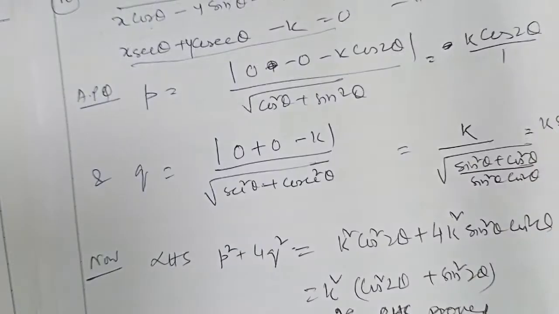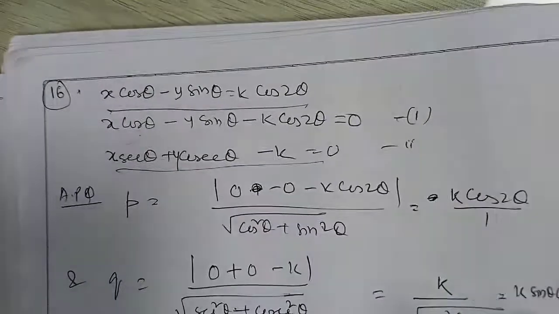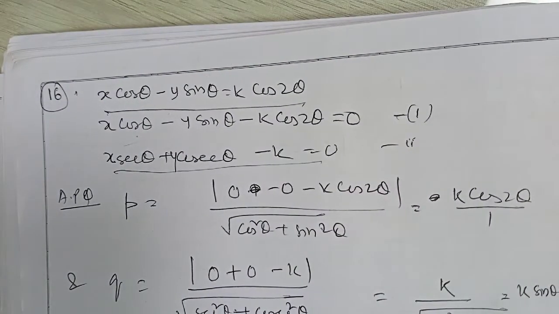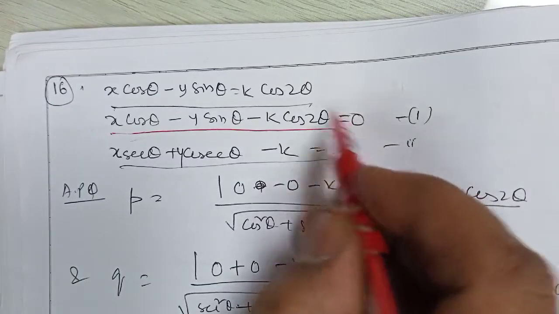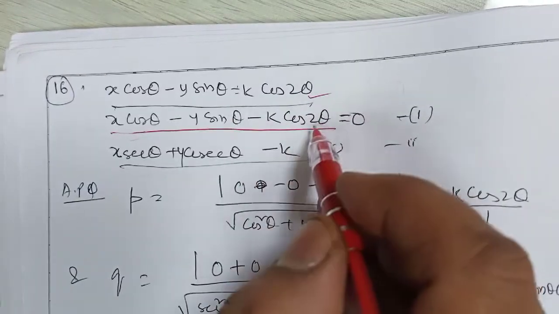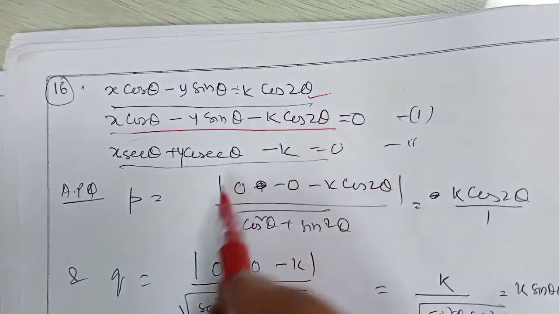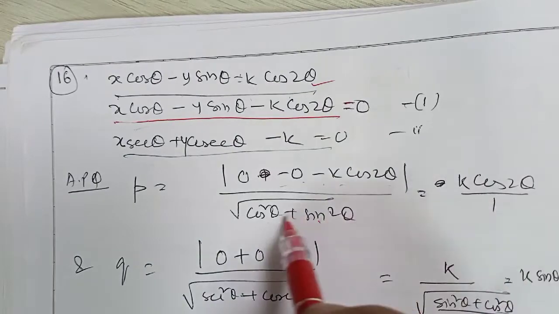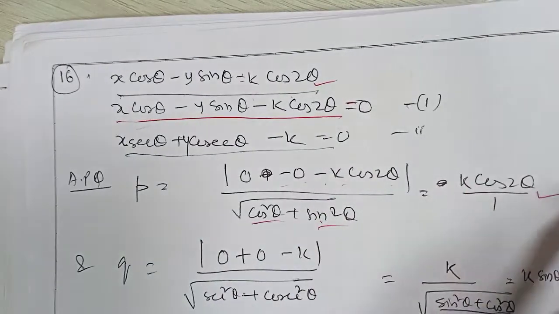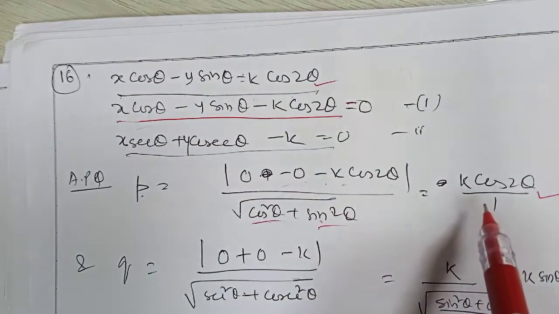So first we'll write the equation of the line in standard form. This is the standard form, meaning we are taking c to one side. It is already in standard form, c is on that side. Now the distance from the origin to this line, x and y become 0 and this one is left. sin² + cos² is coming. P is coming this.